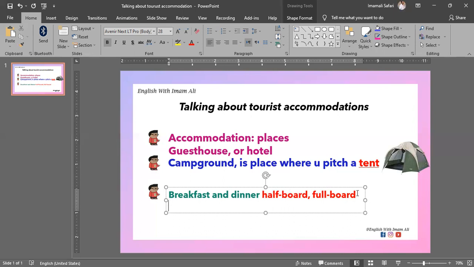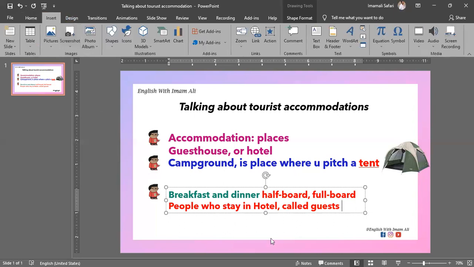Do you know what those people who are living in a hotel are called? If people are staying in a hotel, they are called guests. People who are just staying in a hotel are called guests.